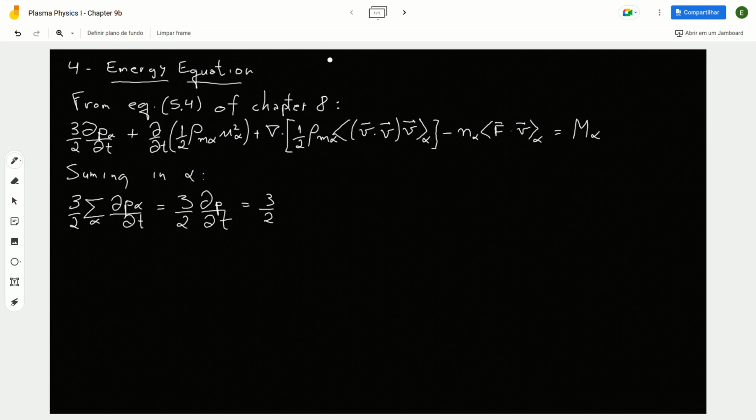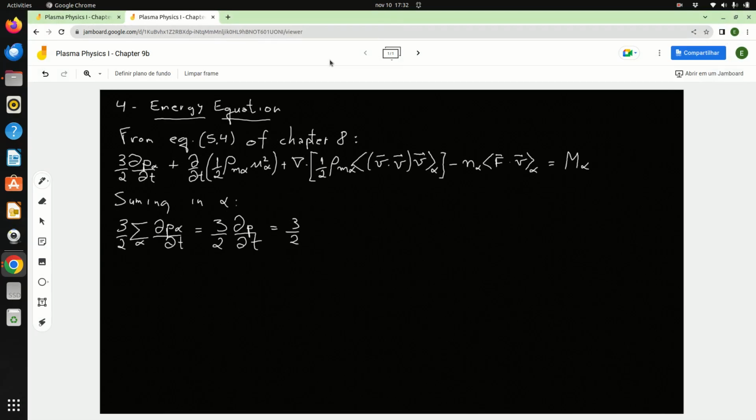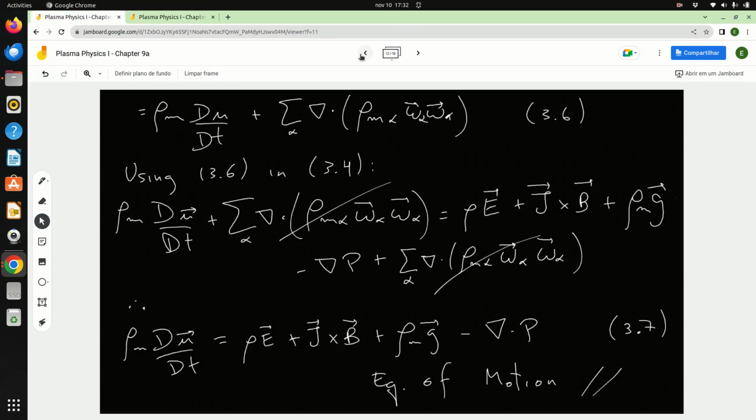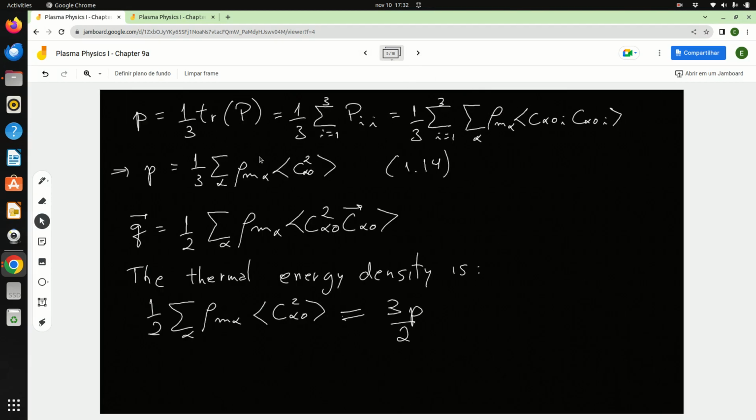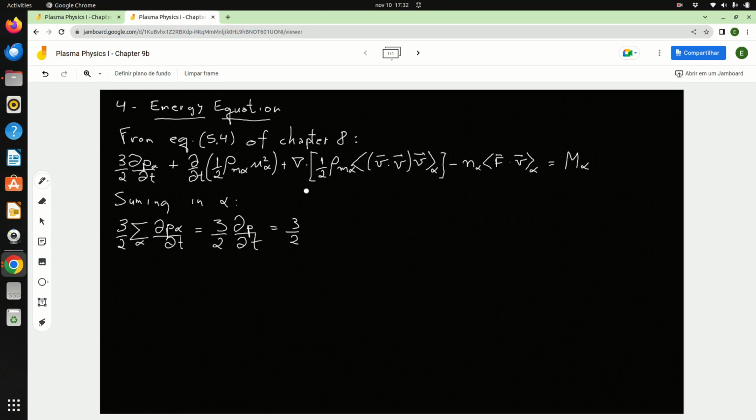1.14 is in the previous chapter, previous class of this chapter. Let's check it. It's here. Okay, so P can be written like this. We have done this in the previous video. So we have 3/2, the derivative with time of that quantity.